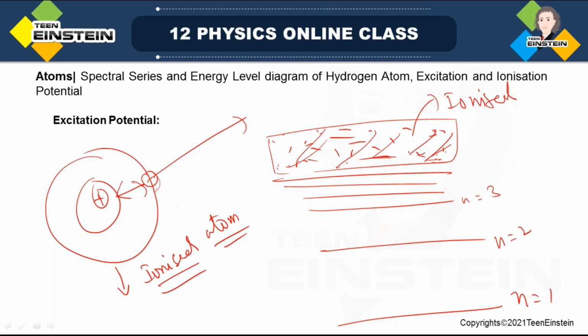to take the electron from a particular orbit, you need to provide enough energy to knock it out from the atom completely, okay. So look, what is the energy you need to provide?